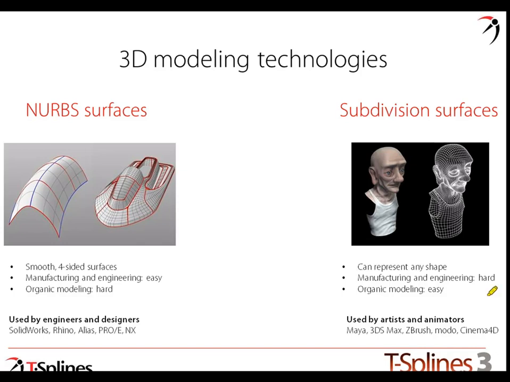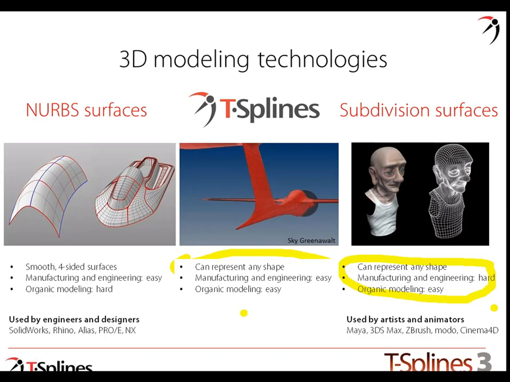So if you look at the combined technical benefits of NURBS and subdivision surfaces, they can really cover any modeling needs that you might have, and it's a pity that historically these two worlds have been so far apart. And specifically, there's a lot of benefits that artists enjoy that can be really big productivity improvements for designers and engineers. So T-Splines was invented specifically to fill this void.